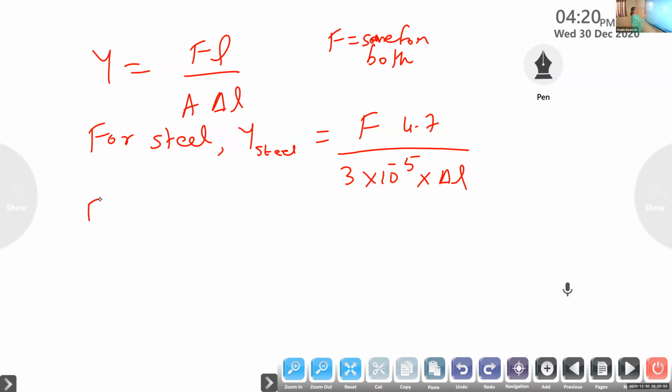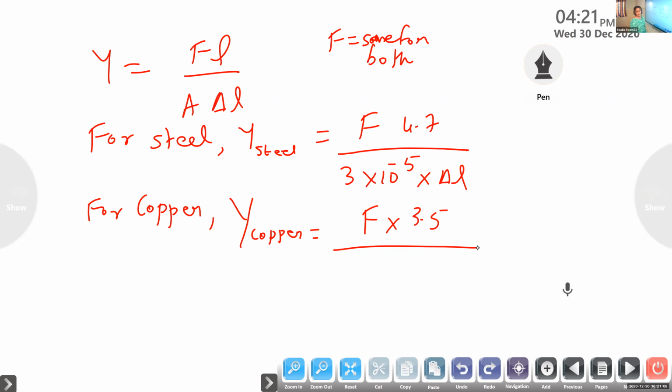Similarly, for copper, we can write Y copper, substitute the values of the copper, F into length 3.5 divided by cross-section area 4 into 10 to the power of minus 5 into del L. How much it is stretched is not given.